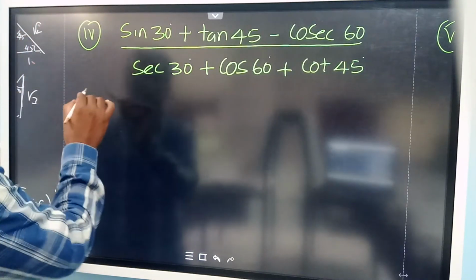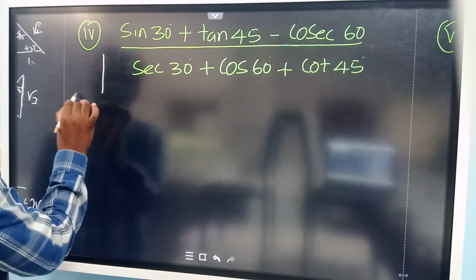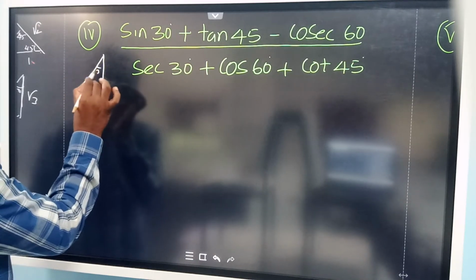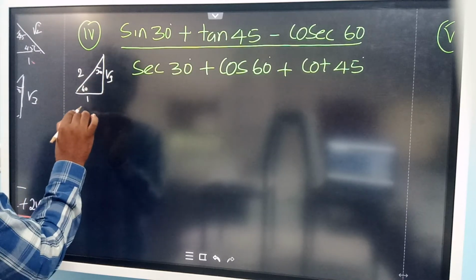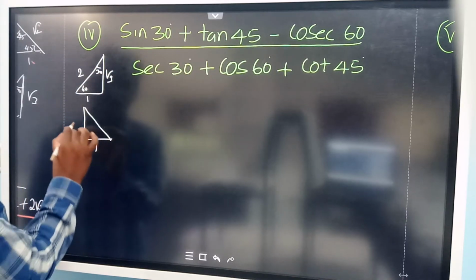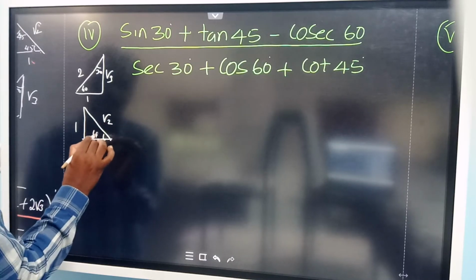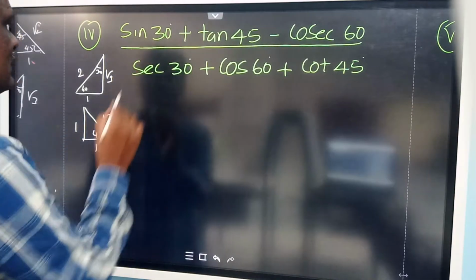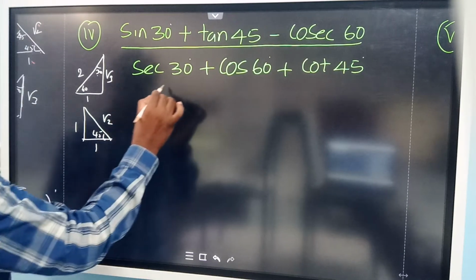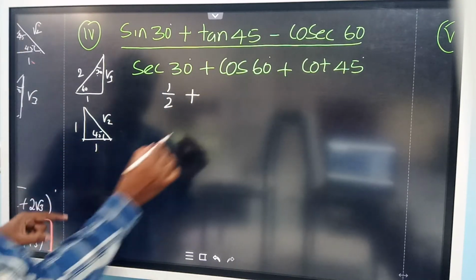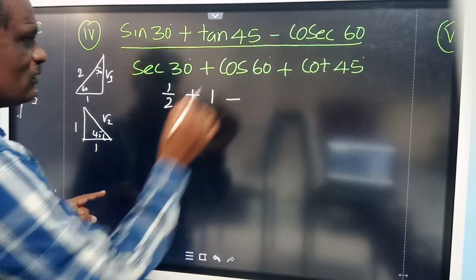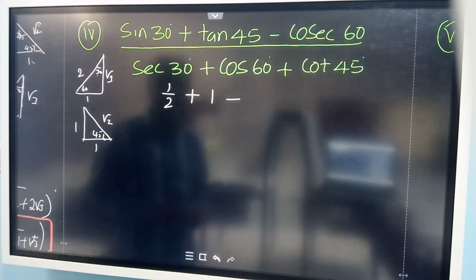So 30 degree angle, how to remember that? I will write the diagram. This is 30, 60, 1, 2, root 3, and we need 45. 45 means 1, 1, root 2. This is 45. Now sin 30, opposite side by hypotenuse, 1 by 2, plus tan 45, opposite side by adjacent side, 1, minus cosec 60, it is a reciprocal of sin 60.